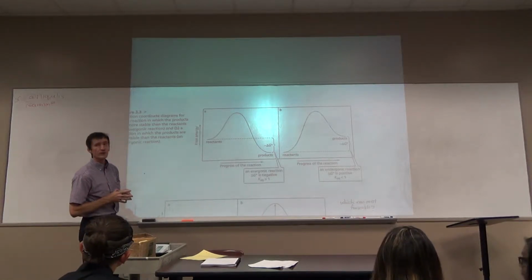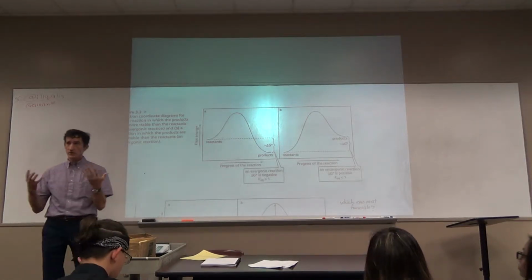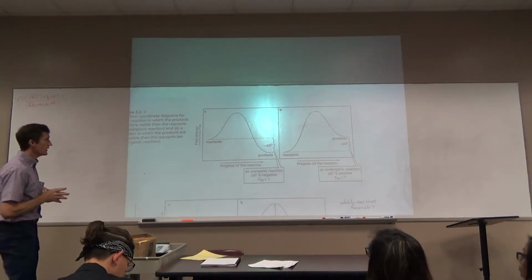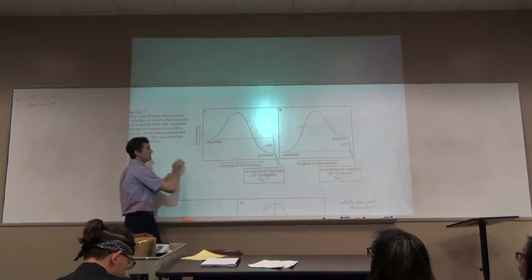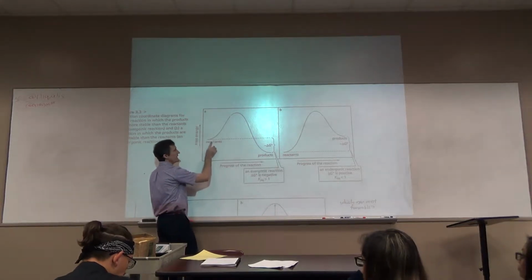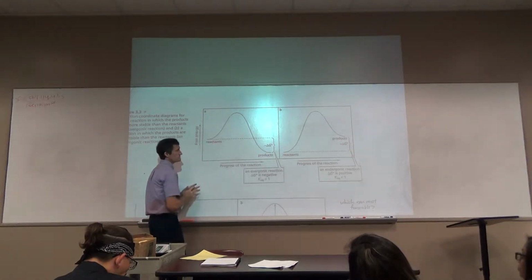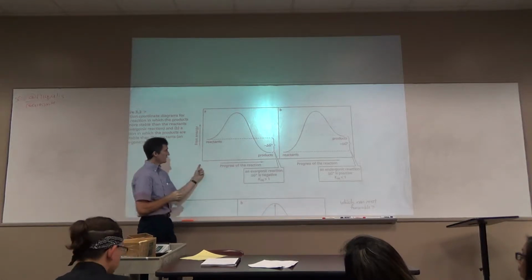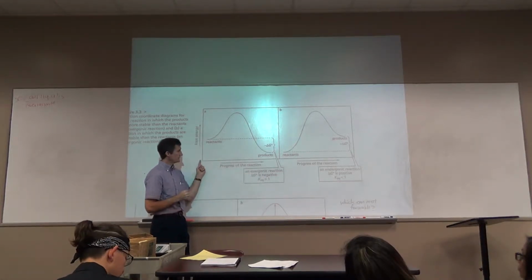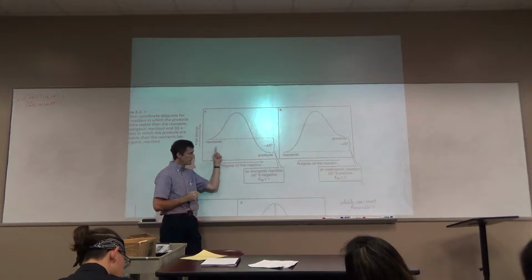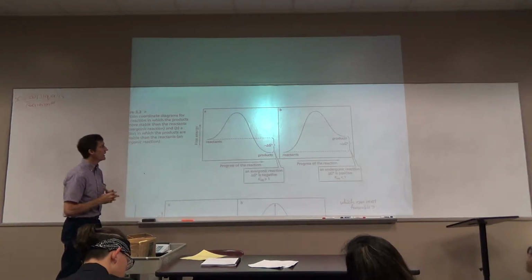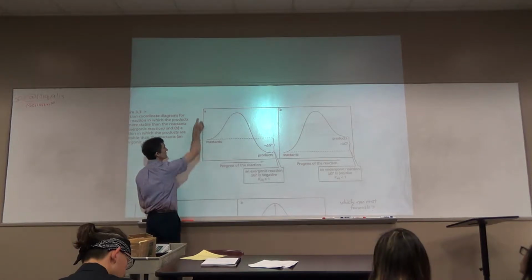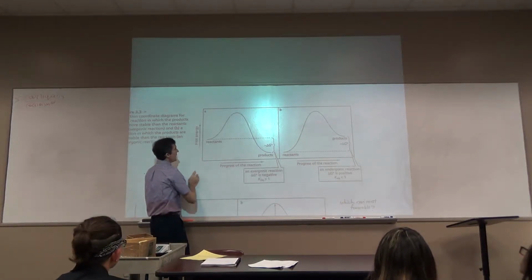Reaction coordinate diagrams. You'll be asked to draw these because they illustrate the reaction in terms of energy and relative comparison of, for example, energy of reactants versus products. We have the progress of the reaction, going from here to there, because it's not just instantaneous, and then some type of energy plotted here.